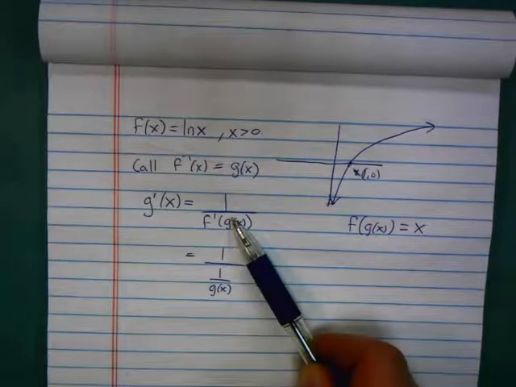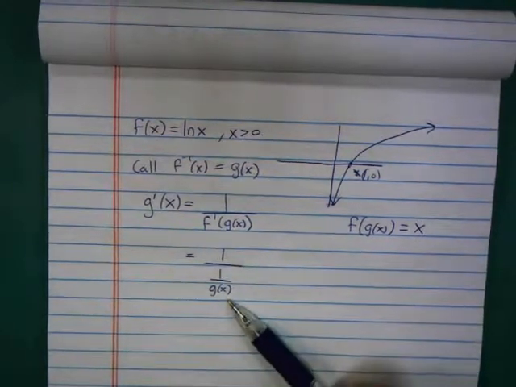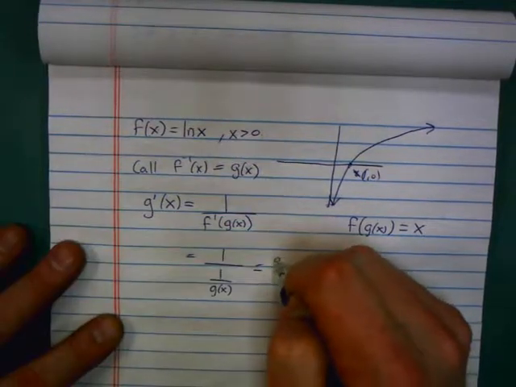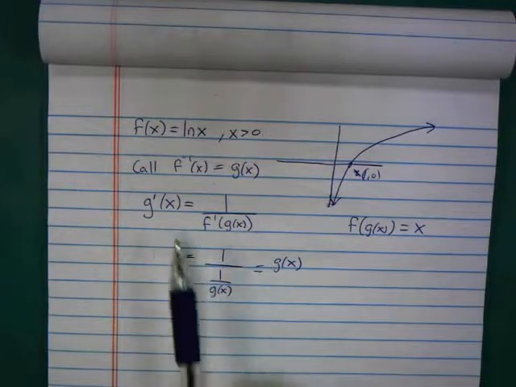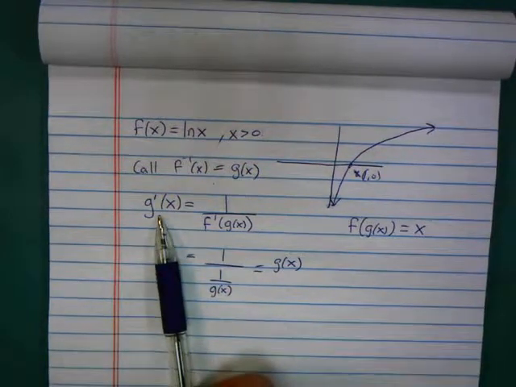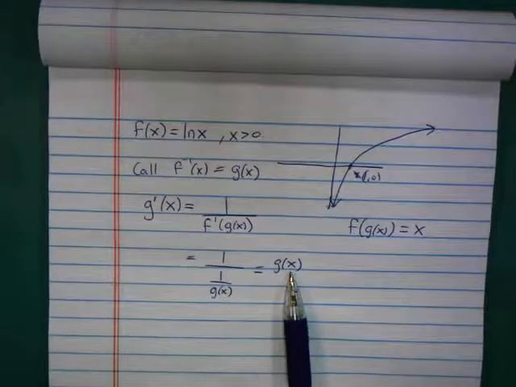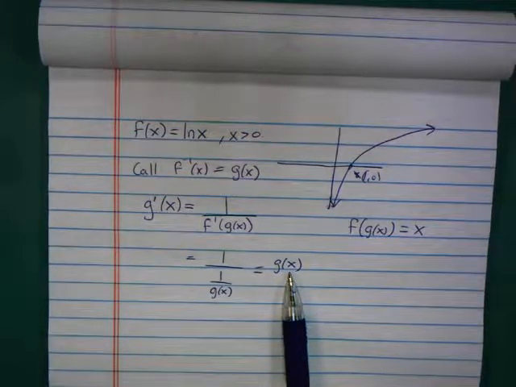And since our anything is g of x, it's going to be 1 over g of x. We flip and multiply, we get g of x. So g of x has a very interesting property. When you take the derivative of g of x, you get g of x.